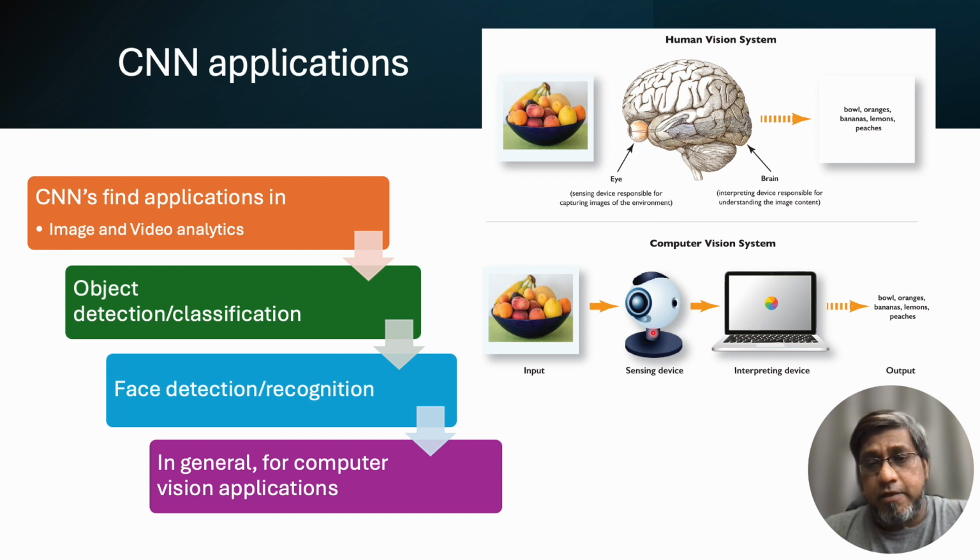The idea of images can be extended to videos as well, because videos can be thought of as a stream of images. So CNN has major applications in the areas of computer vision, which can involve object detection and object classification, or face recognition or face detection, which all come under the category of computer vision applications.